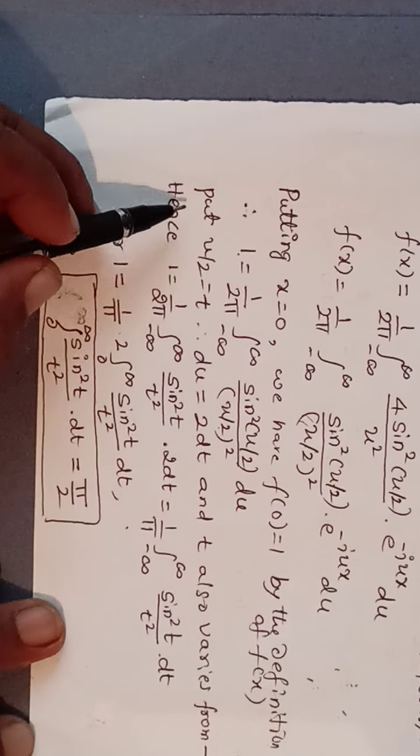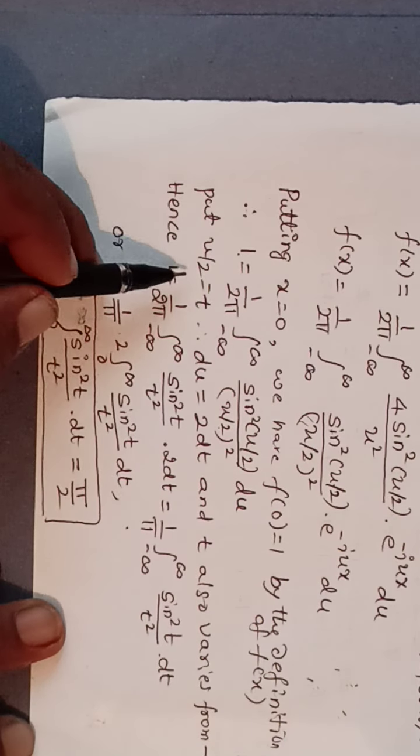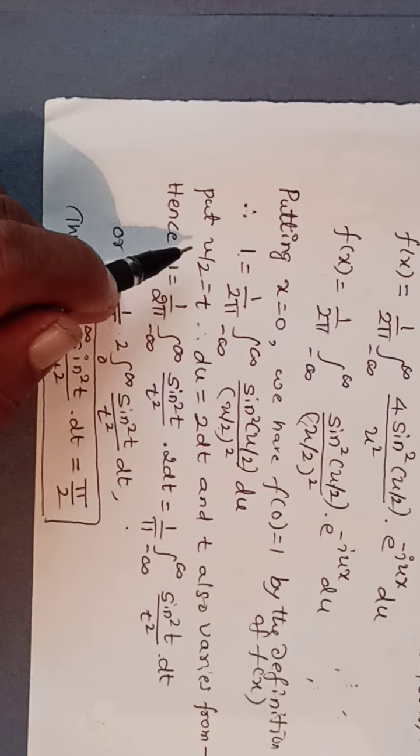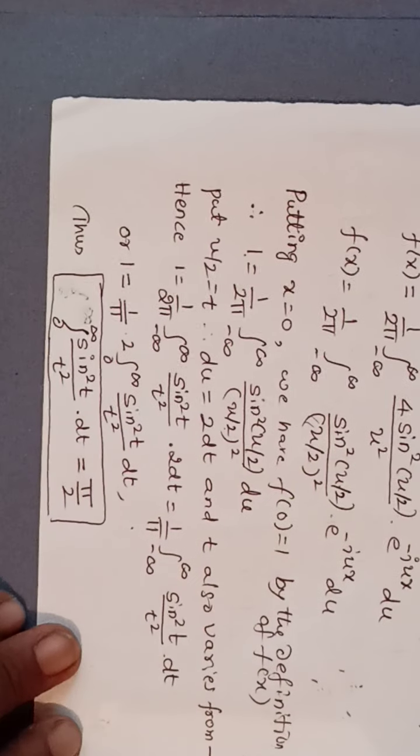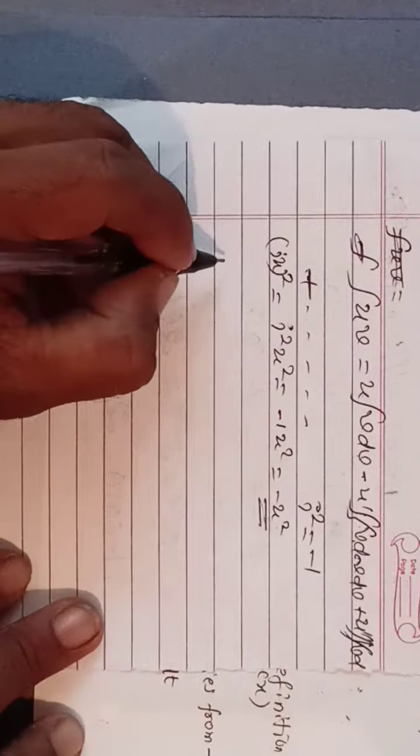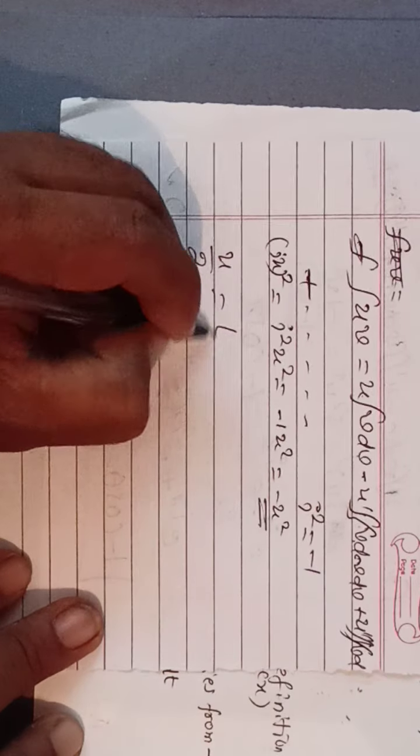Put u by 2 is equals to t, that means u by 2 is equals to t.